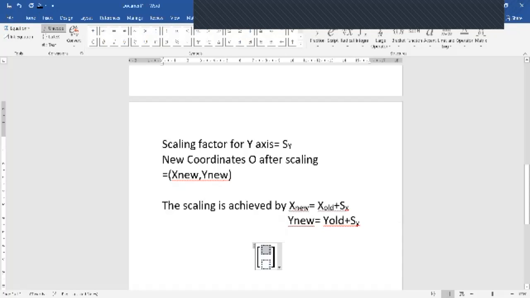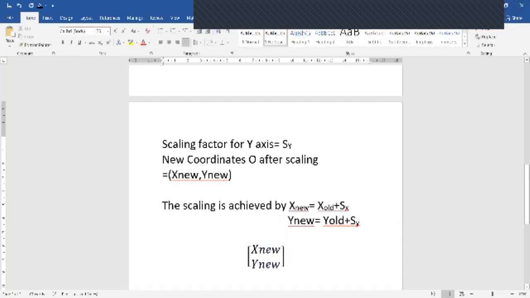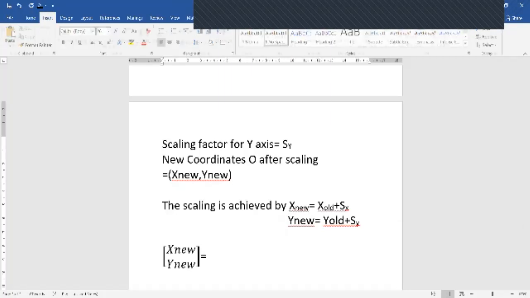And here it will be X new, Y new. These are the coordinates which will be achieved after the matrix multiplication is done.